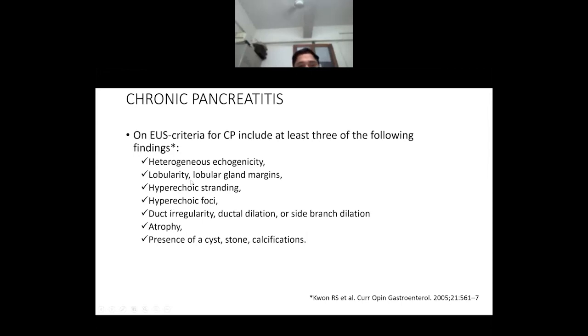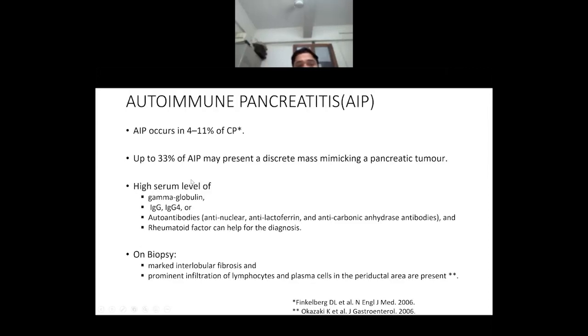To differentiate autoimmune pancreatitis from pancreatic tumors, we have to do blood investigations, like raised serum gamma globulin, IgG, IgG4, or autoantibodies like antinuclear antibodies, anti-lactoferrin antibodies, anti-carbonic anhydrase antibodies, and raised rheumatoid factor can also help in diagnosis.